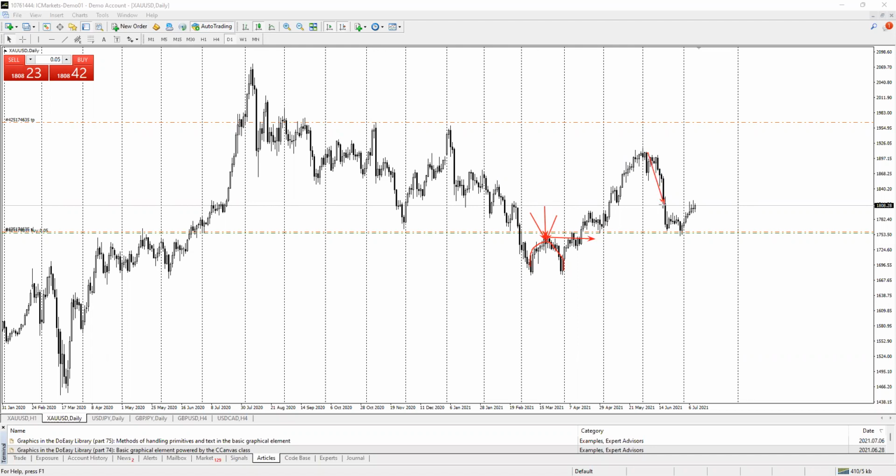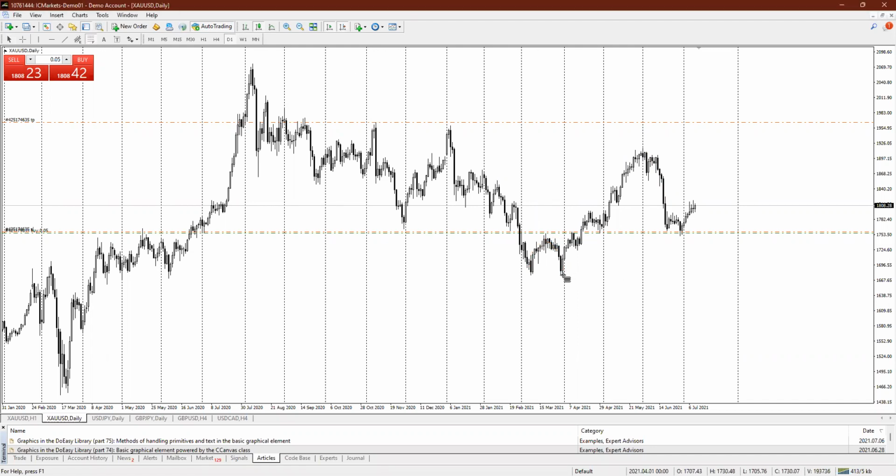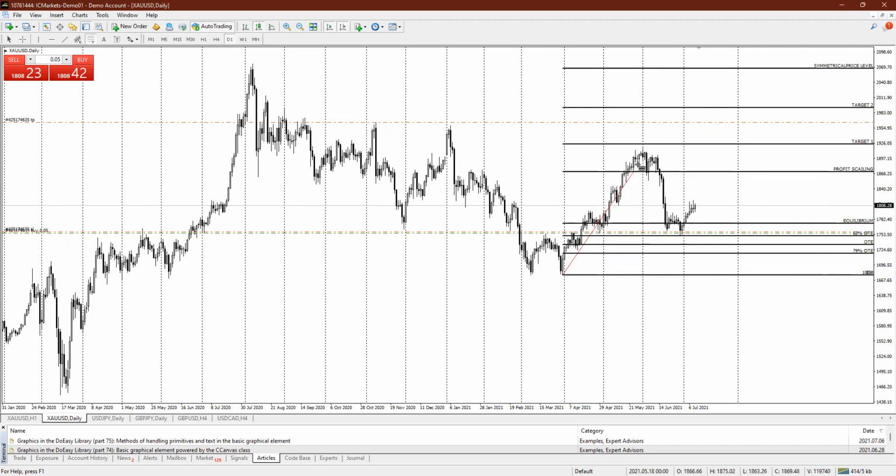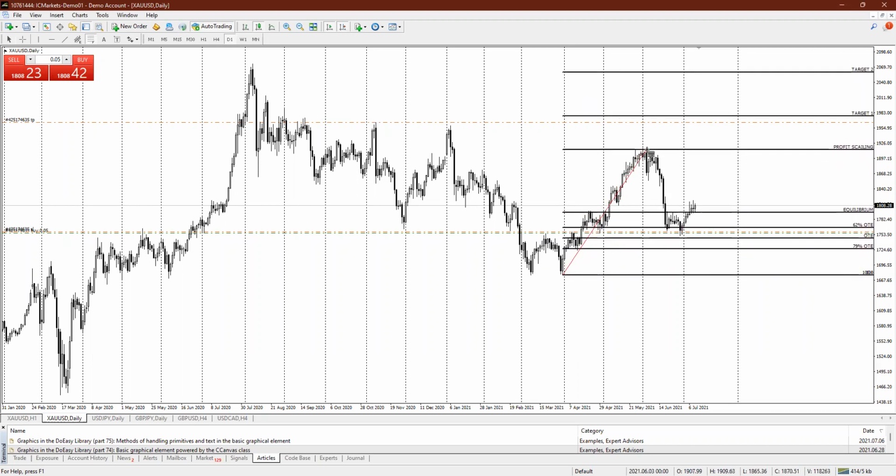At this point, this is where you bring in Fibonacci to see what's really transpiring over there. Let me bring in the Fibonacci, from the lowest point to the highest point.